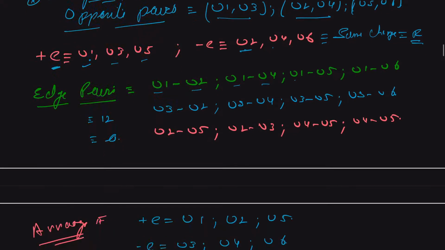And all these edge pairs have opposite charges, and therefore all this is going to give us attractive forces. So we are able to identify that these two arrangements are possible, and when there will be attractive forces and when there will be repulsive forces.